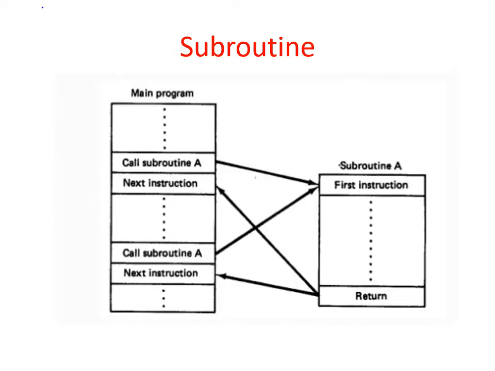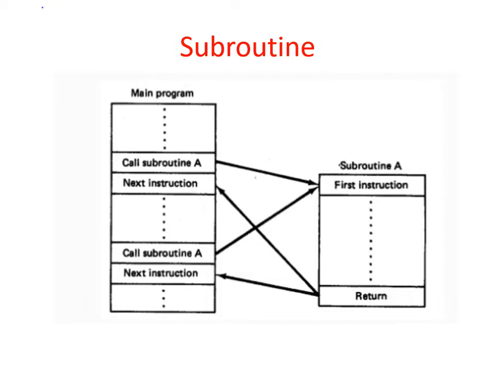In this figure, you will get a better idea what a subroutine is. You can see on the left hand side there is a main program. From there, using some instruction, you will be calling or invoking a subroutine with a name A. When it is being called, the program control flow will transfer to the first instruction of that subroutine.